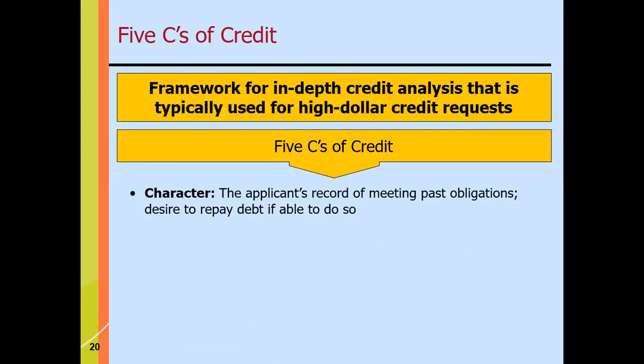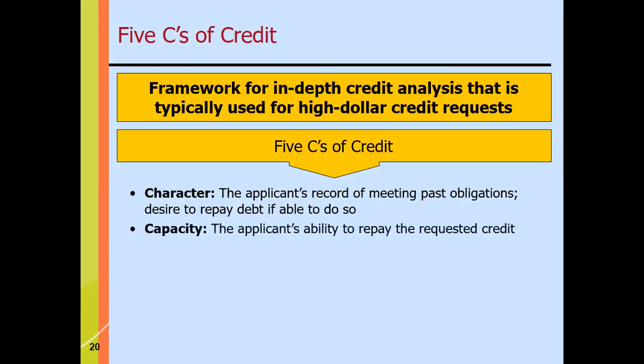Character, which means the applicant's record of meeting past obligations. Well, that can be seen in any existing credit that they've had. So did they pay on time and so on? And also the desire to repay debt if able to do so. So not just the actual, but also even the desire.